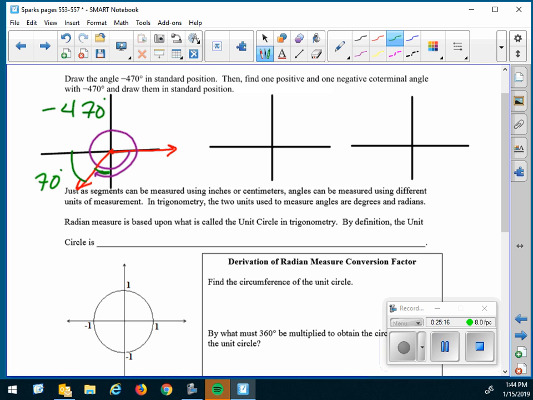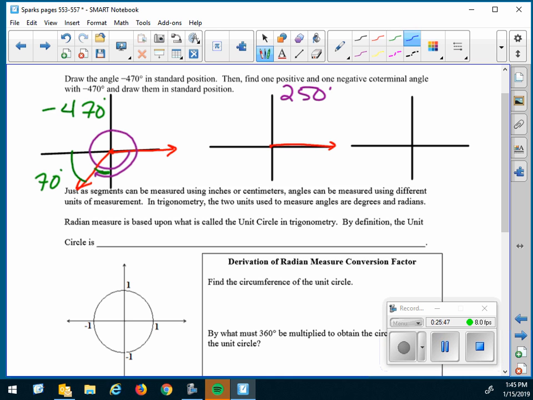Now, let's come up with a positive angle that is coterminal to negative 470 degrees. What are you going to do on your calculator? Type in negative 470. Add 360. To what? 250? Yeah. What direction?